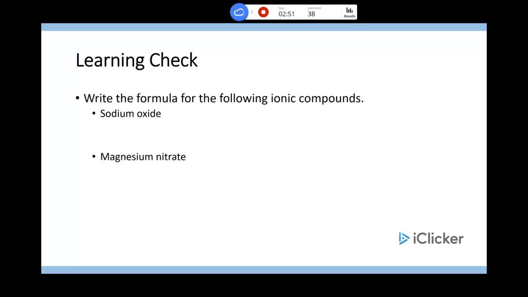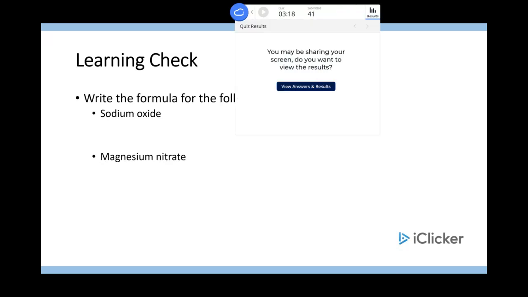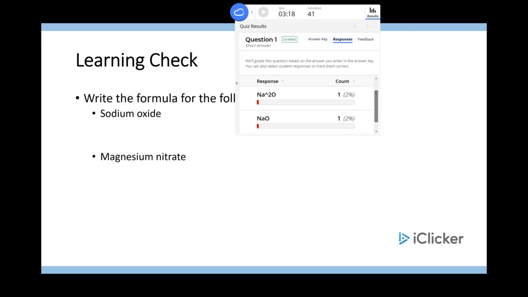Okay, I'm going to close it shortly. Good question, we'll talk about that. All right, I'm going to close it, and let's see what we're thinking. Oh, you can do a subscript.